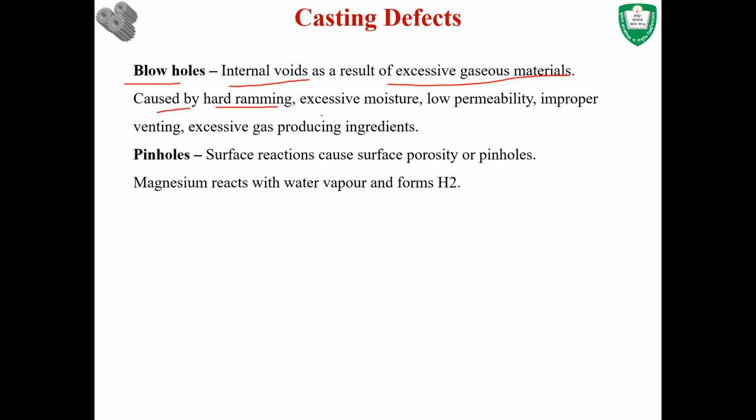That means the permeability of the mold gets decreased, and in that case, internal voids are produced in the molten material. Excessive moisture is also one of the reasons, along with low permeability and improper venting. If the venting is not properly given, then the gases cannot escape. And the ingredients that are used in the sand can also cause this kind of blowhole.